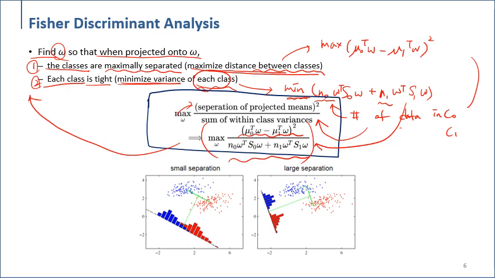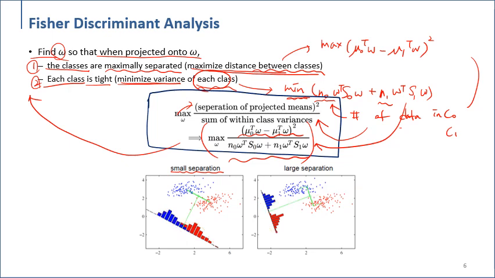Here, this case is small separation. When you see this, some amount of range is overlapped, but in this case, by setting the omega like this, you can find these two data are not overlapped.